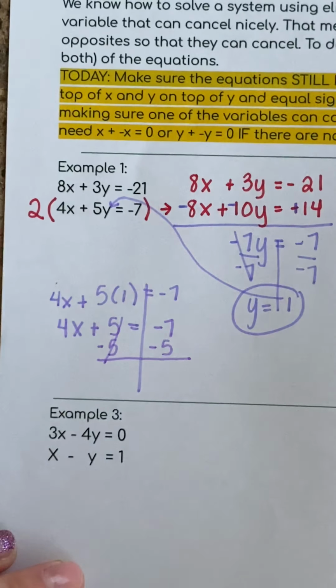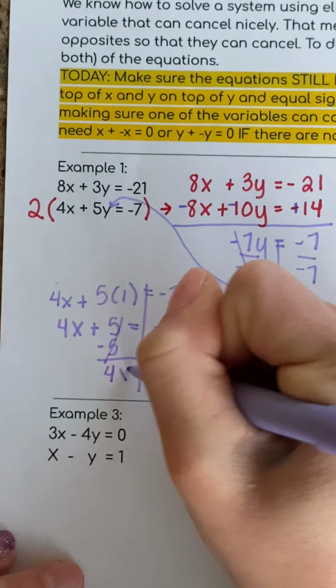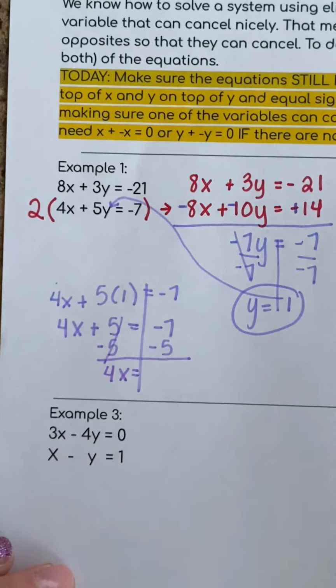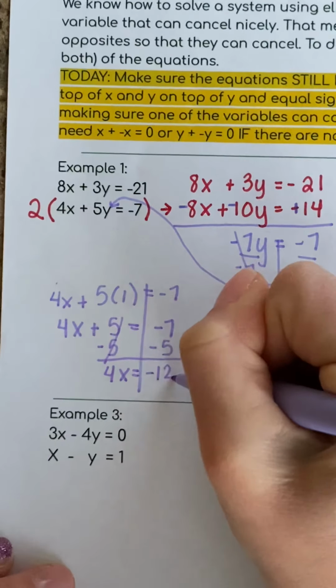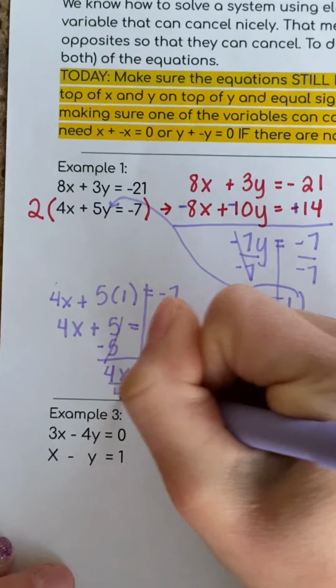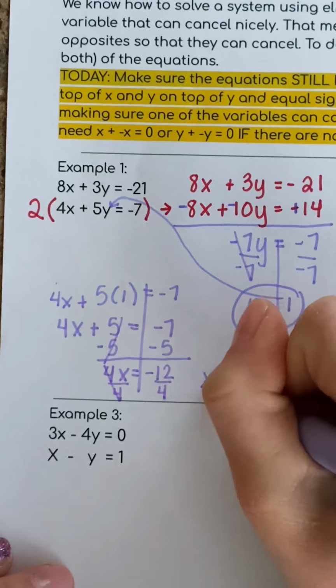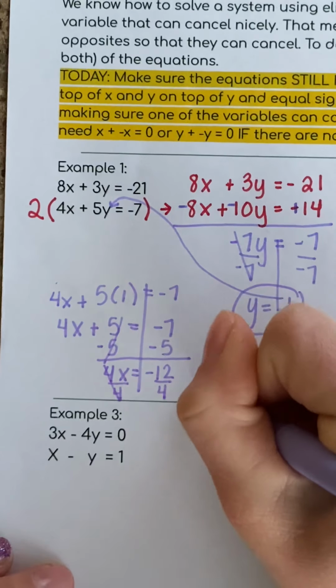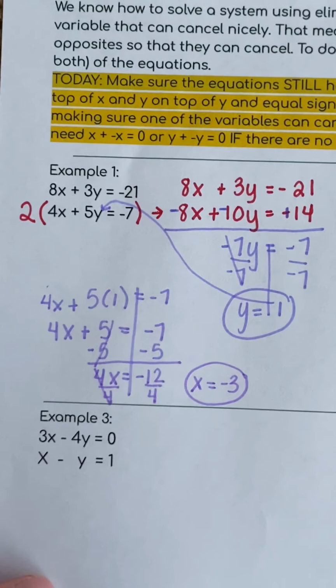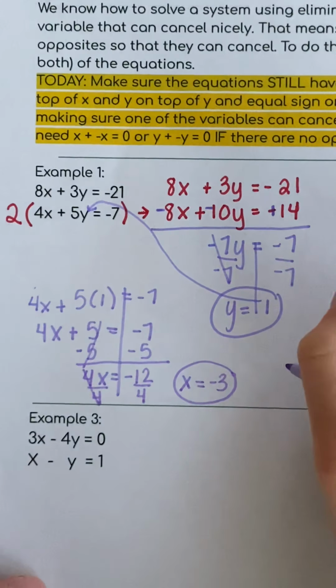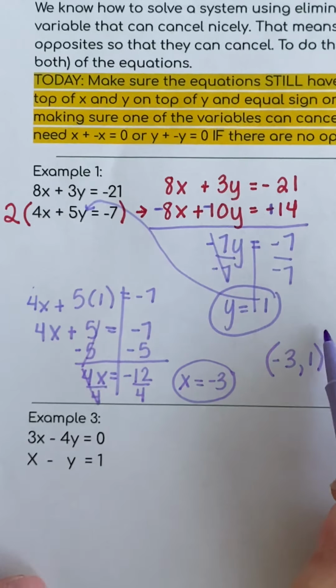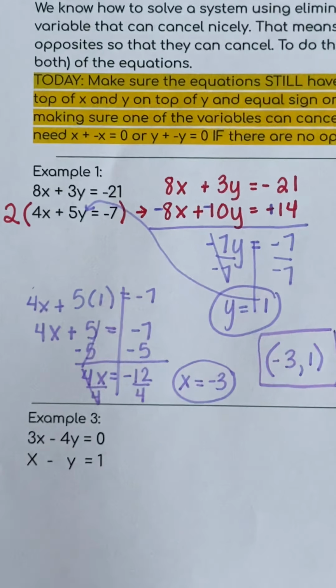Those 5's cancel. 4x equals -7 and -5 makes -12. Divide both sides by 4. And x equals -3. And our answer will be written as a point. So (-3, 1). And you have to put it in parentheses like that to show that it is a point on a graph. Okay, that was example number 1.